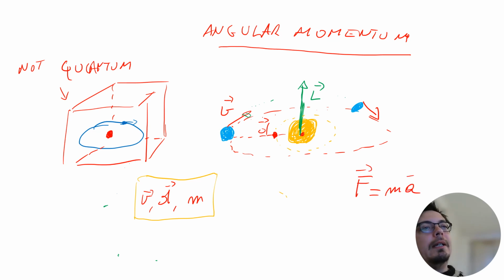It's still valid when you have rotational motion. It's just that the equations of motion are different. I'm not going to write them now with the angular momentum, but the philosophy is the same. It's the math that is slightly different.